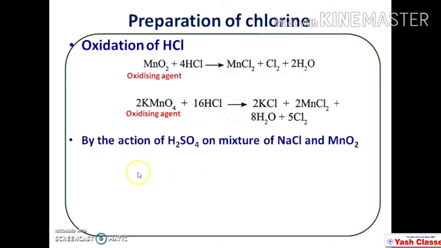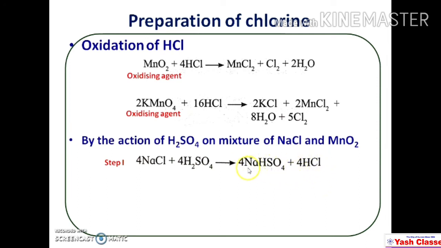Another way is by the action of sulfuric acid on mixture of sodium chloride and manganese dioxide. So in this reaction, mixture of sodium chloride and manganese dioxide is taken and slowly sulfuric acid is added to that. Actually this reaction takes place in two steps. In step 1, first of all, the sodium chloride reacts with sulfuric acid and there is a formation of hydrochloric acid.